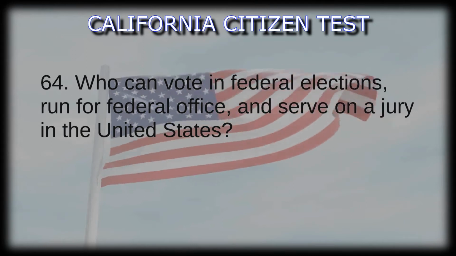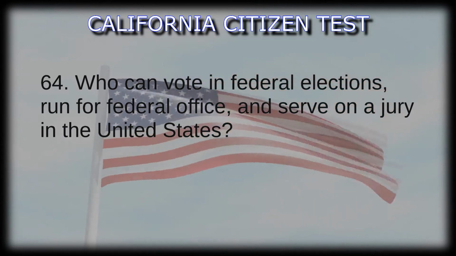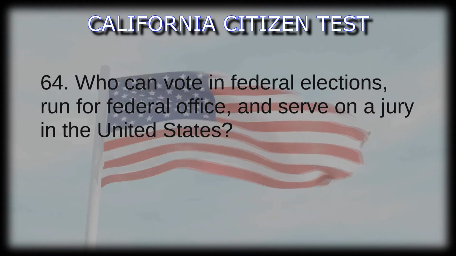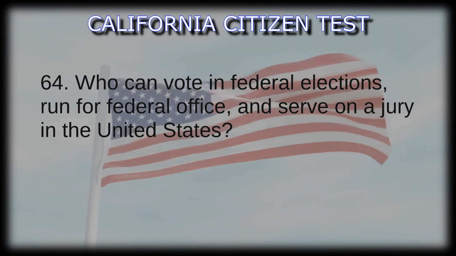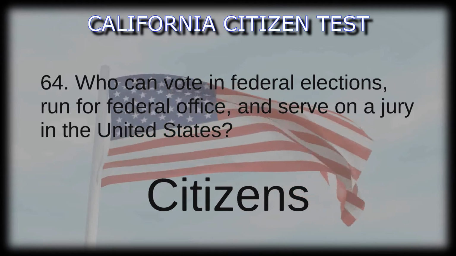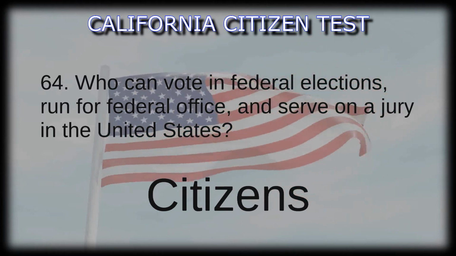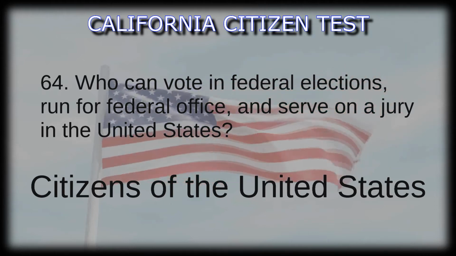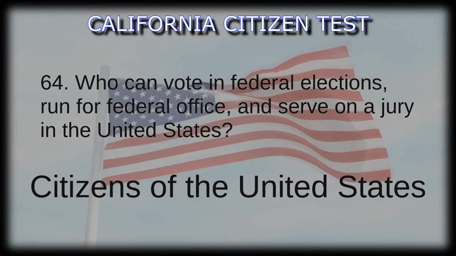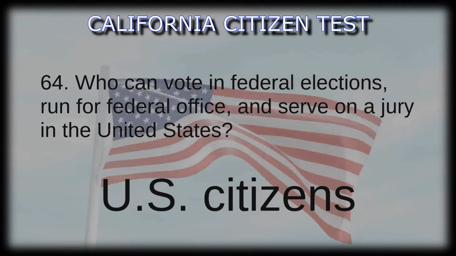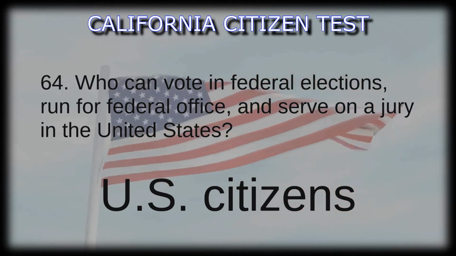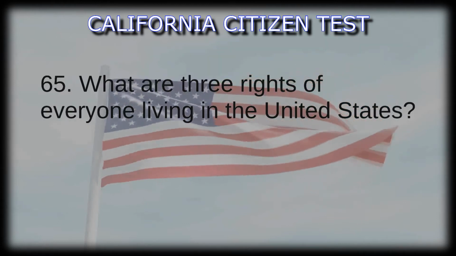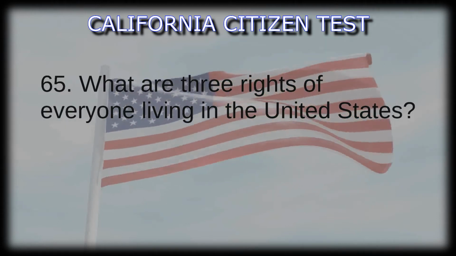64. Who can vote in federal elections, run for federal office, and serve on a jury in the United States? Citizens. Citizens of the United States. U.S. citizens. 65. What are 3 rights of everyone living in the United States?